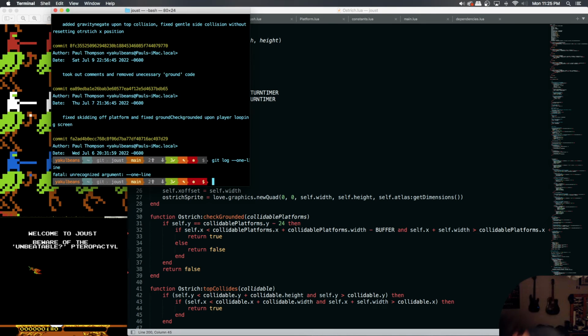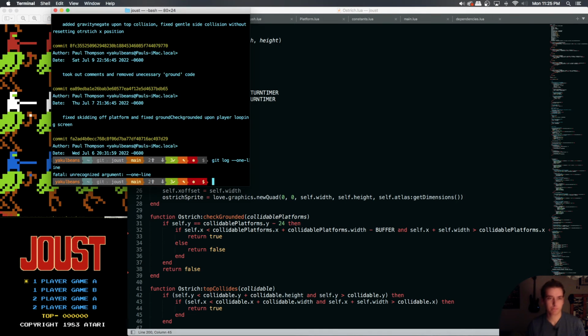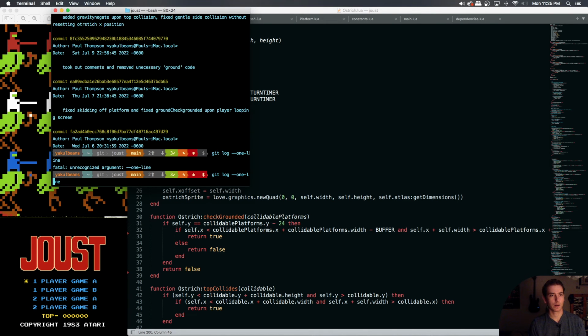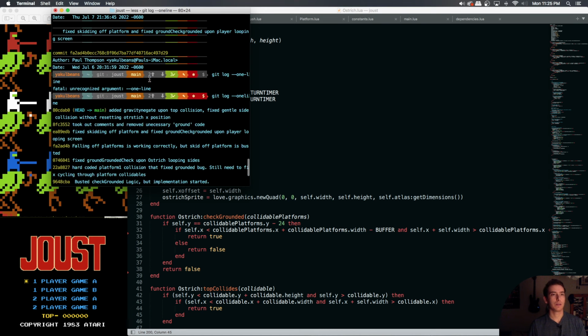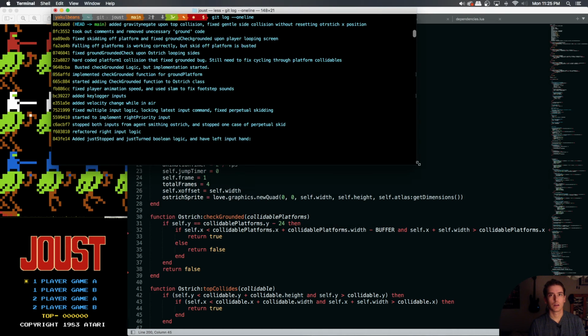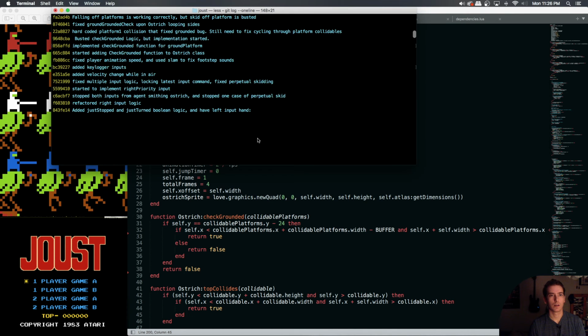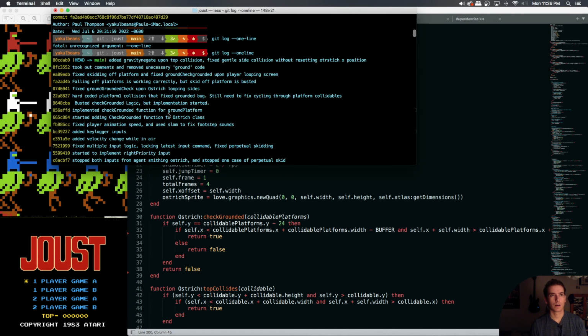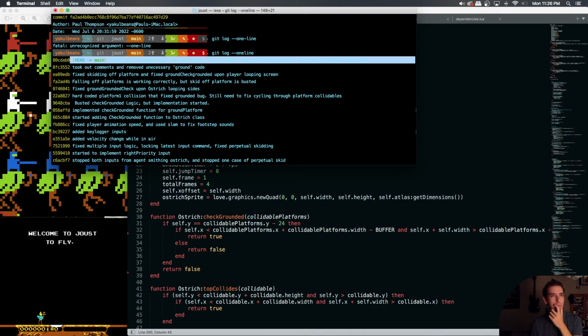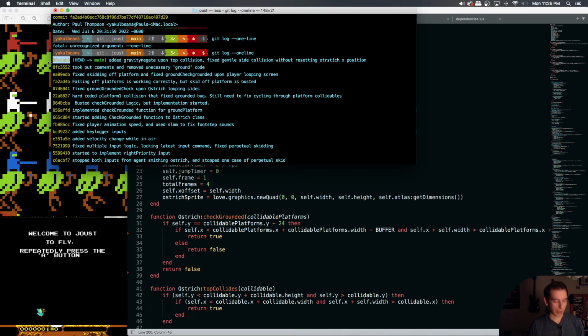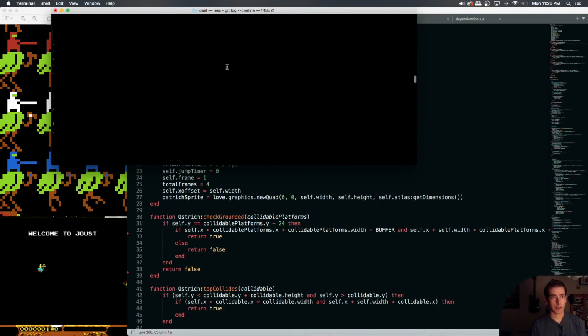Nope. Just dash dash one line. Git log dash dash one line. Then it gives it all to me with these short hashes. And then I can copy this, and then I can say, oops.